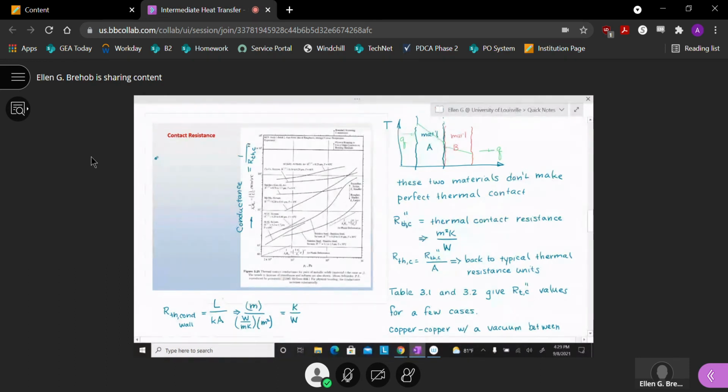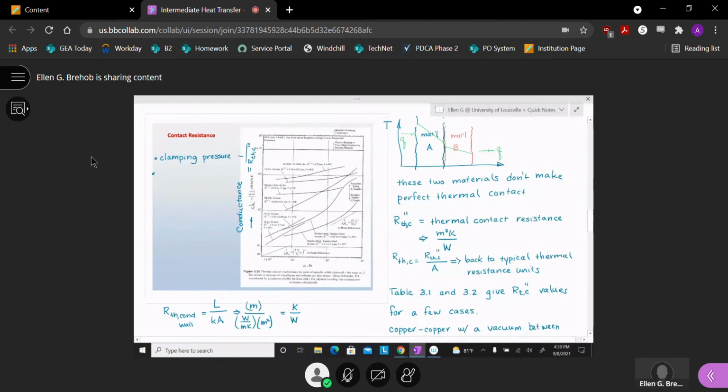Okay. So they're looking at a few different features in this graph. They're looking at this thermal contact resistance, but plotted as a function of clamping pressure.